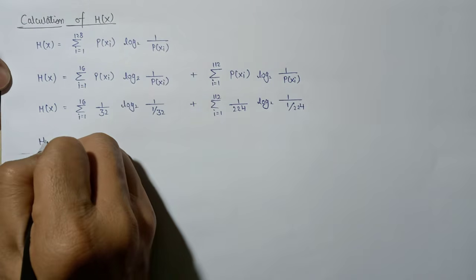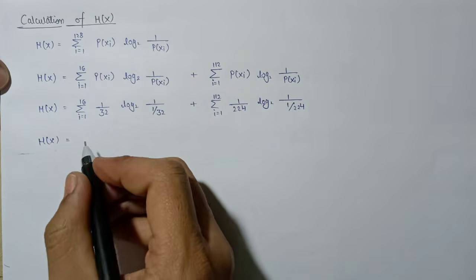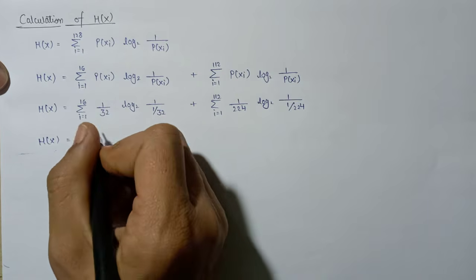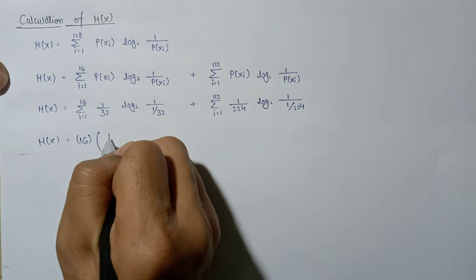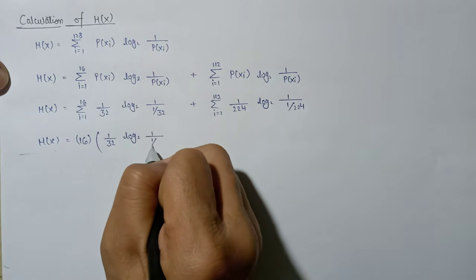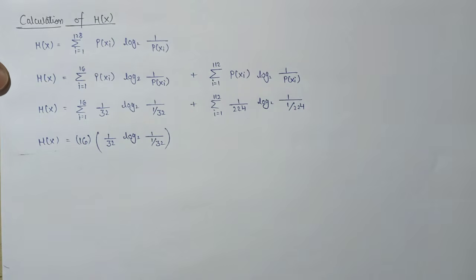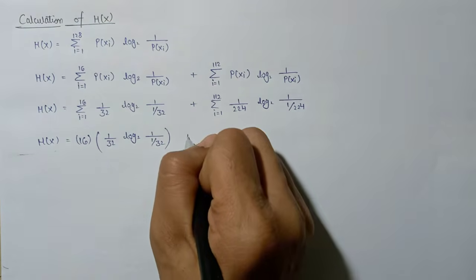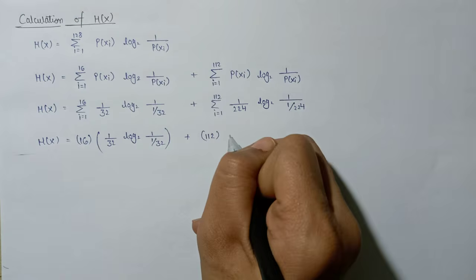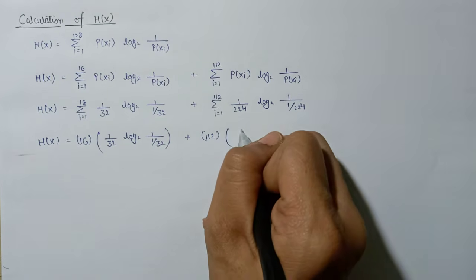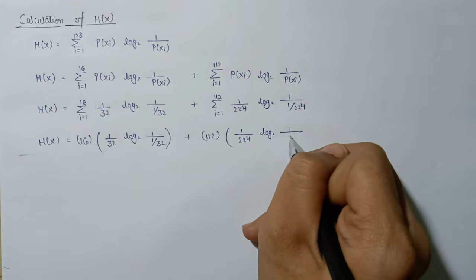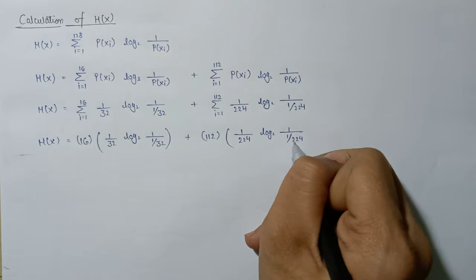Now the h of x value will become 16 multiplied with this whole term, 1 by 32 log base 2 1 over 1 by 32. Similarly, for the summation i equals 1 to 112, its value will be 112, multiplied with this whole term, 1 by 224 log base 2 1 over 1 by 224.